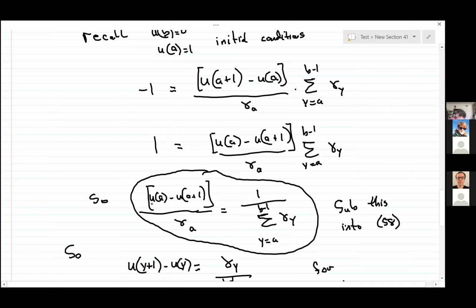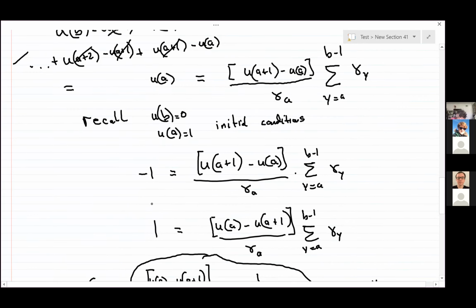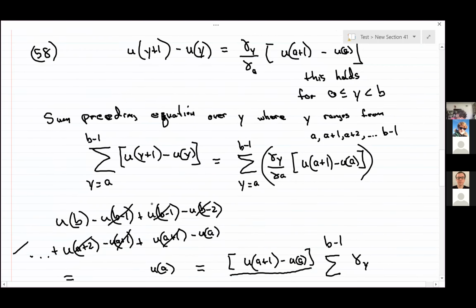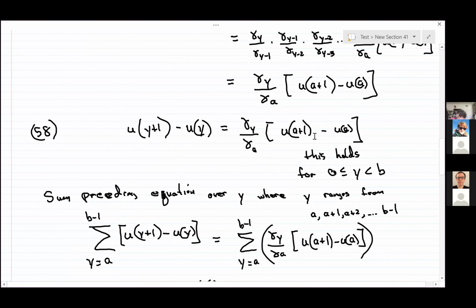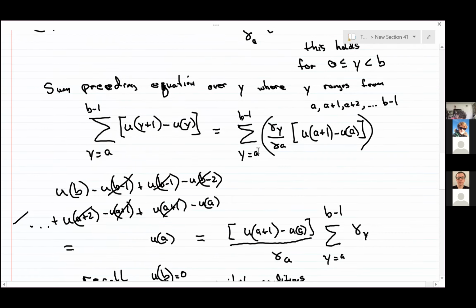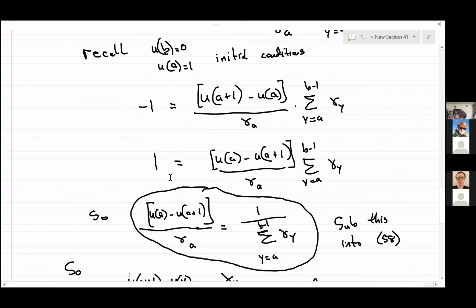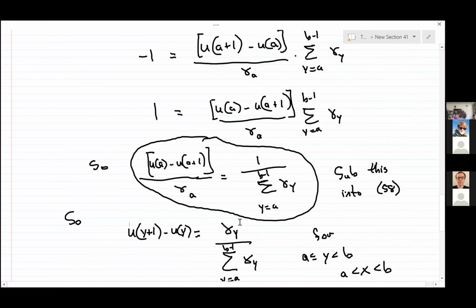Apparently. I want to make sure I'm doing that right, but I'm missing a minus, and I think that's where I'm missing it. Because here I have a UA plus 1 minus UA over gamma A, and I can't just substitute this in directly. I'd have to substitute the negative of this in.